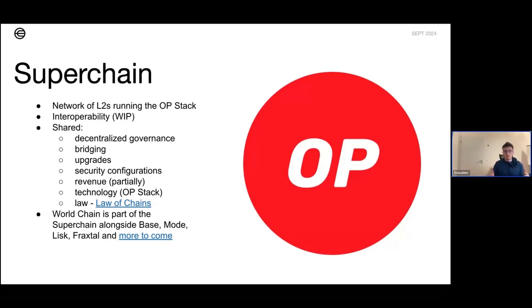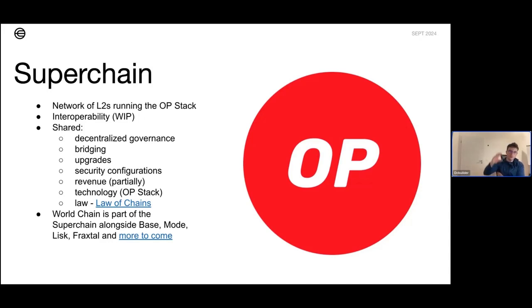As I mentioned before, there's this interoperability standard that is being worked on, so that every single network that uses the OPStack in this specific way with the same configuration is able to feel like one network. This is essentially the gist of it, right? We have multiple OPStack networks running the same tech stack. We want them to feel like one, hence the Superchain, right? And there's a set of standards and a set of technologies that we need to share in order for such a thing to be possible, right? So there's different kinds of scalability you can do.